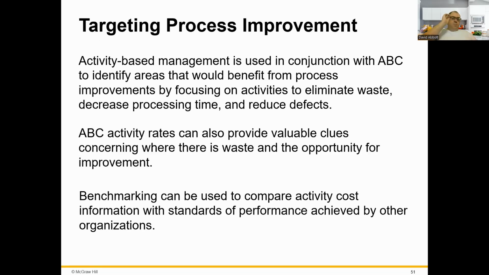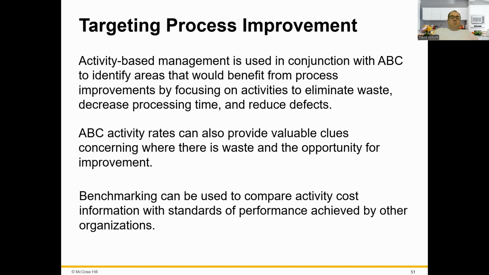Okay, targeting process improvements, key definitions and concepts. Activity-based management is used in conjunction with ABC to identify areas that would benefit from process improvement. It involves focusing on activities to eliminate waste, decrease processing time, and reduce defects.